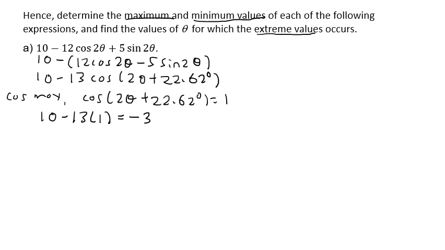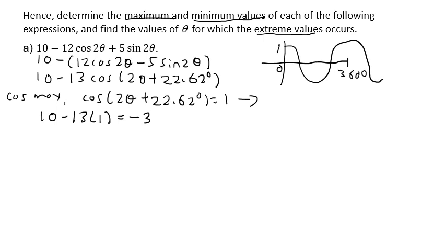So where does this value occur? In this case, when we sketch the graph of cos, cos maximum 1 is at 0 and also at 360 degrees.